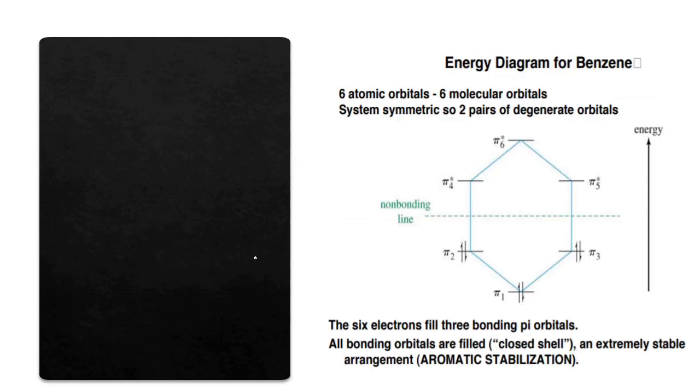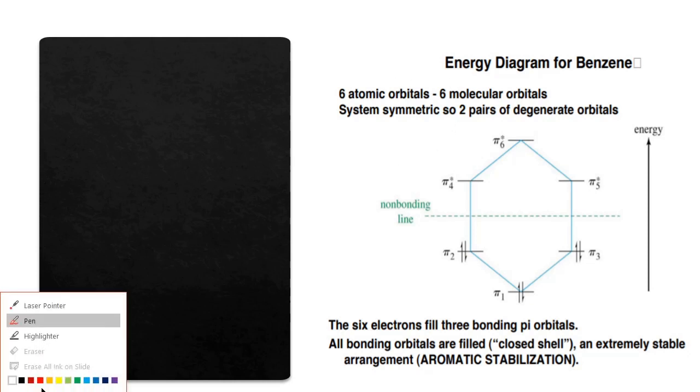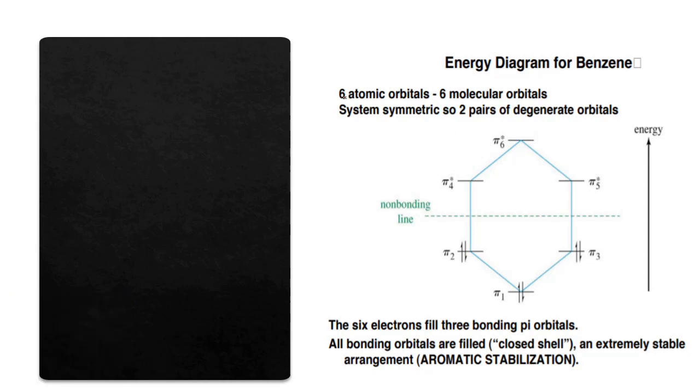Now, when we try to construct the energy profile diagram for benzene, we have understood that in benzene there are six atomic orbitals. These six atomic orbitals are transformed into six molecular orbitals, and the system is symmetric, so there will be two pairs of degenerate orbitals.